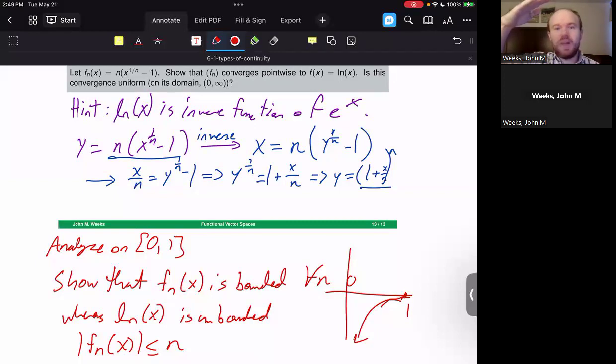Because if it's lower than, say, negative n, you're not going to be able to get within epsilon of anything but just maybe a few values. And you know that your function natural log of x is unbounded. It goes all the way toward negative infinity as x goes to 0 from the right. So that might be something that you go through and piece together here as to why this may not be uniform convergence.